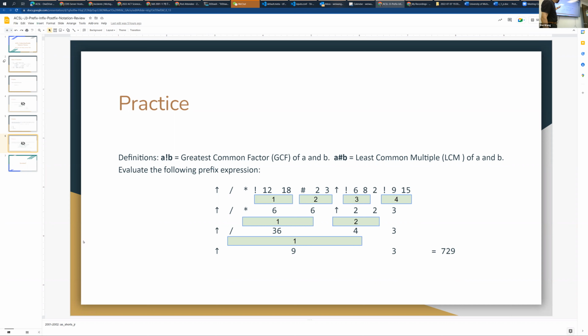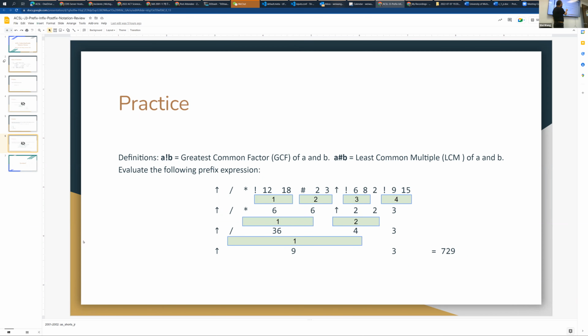So for prefix, we look at this expression. What are the items we can do immediately, right? 1, 2, 3, 4. So there's these two with this, right? These two with this. This is the greatest common factor.